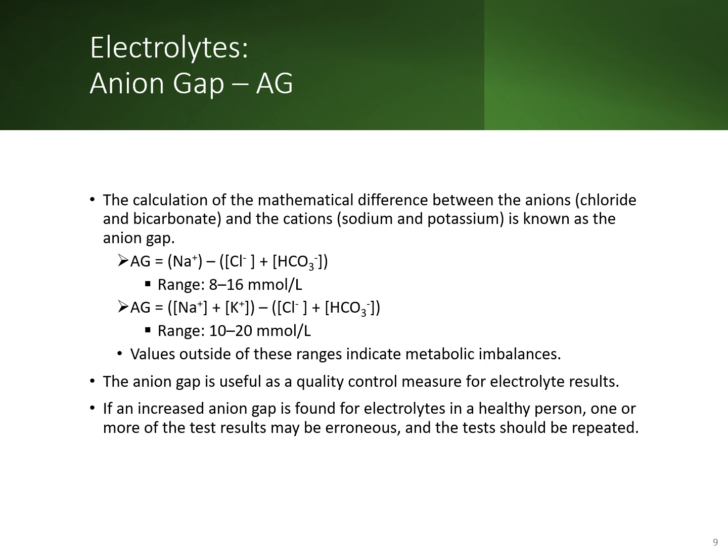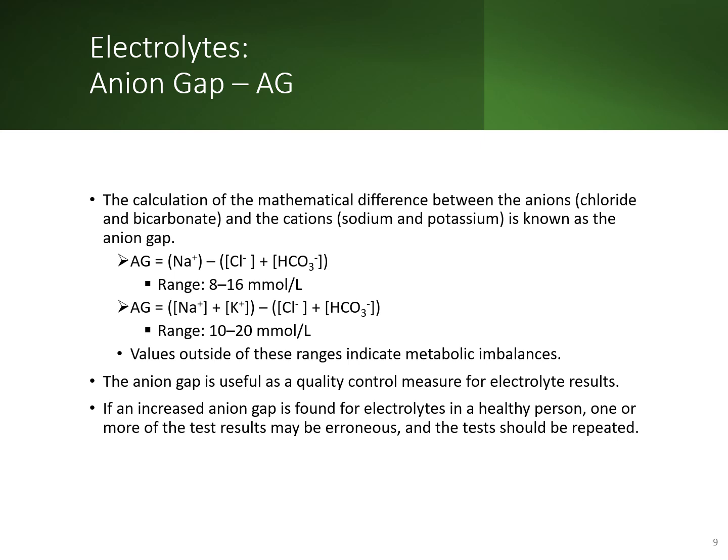There are two formulas used for that, pictured here. You have the sodium minus the sum of chloride and bicarbonate, or the sodium plus potassium minus the sum of chloride and bicarbonate.